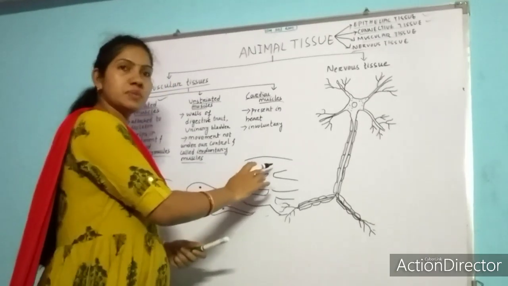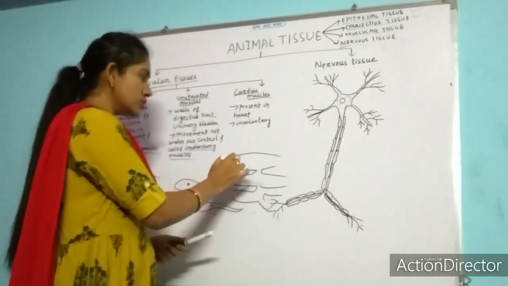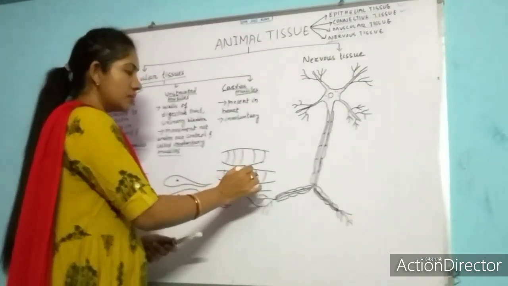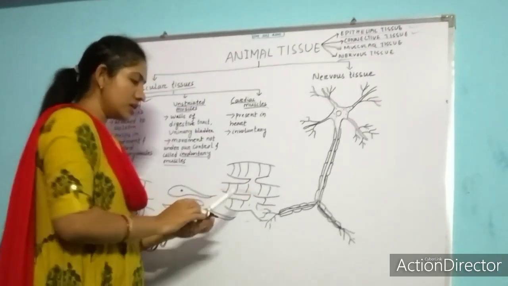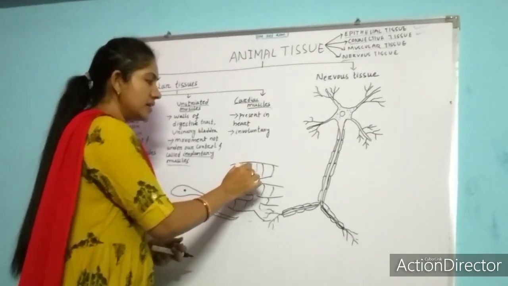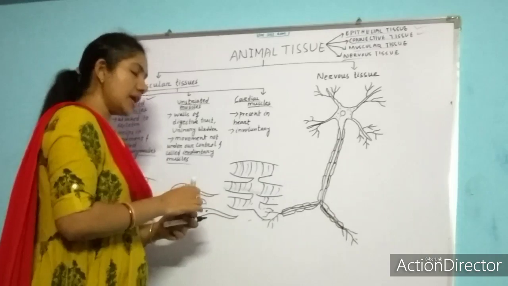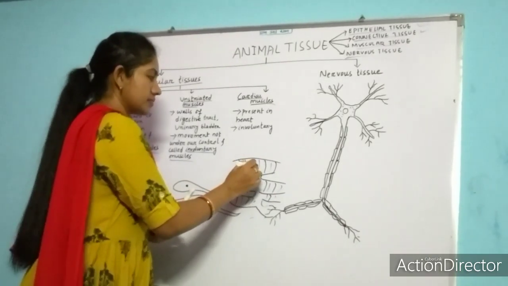Got it? It has branches, and it also has strips, dark and light colored bands, over its wall, but they have a single nucleus.